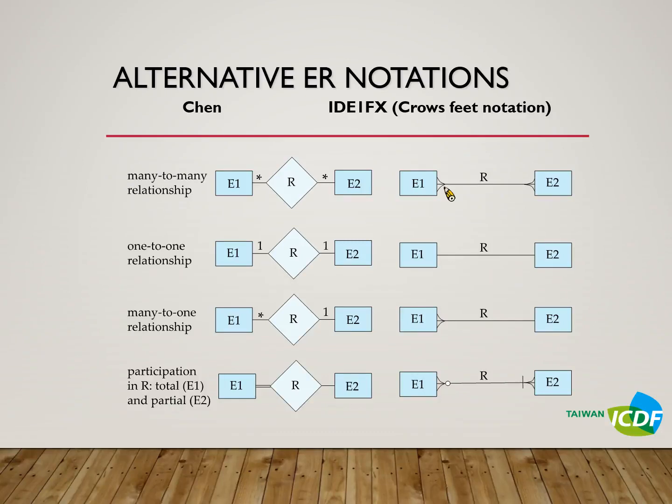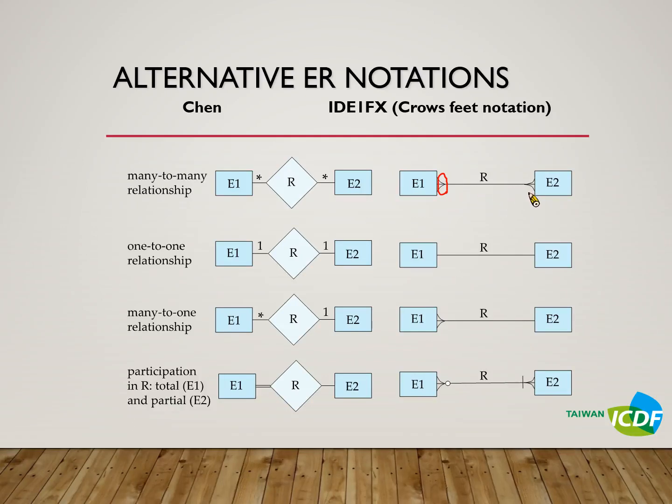As to another system, the relationships can be represented in a different way. In this system, the symbol like a chicken claw means many.